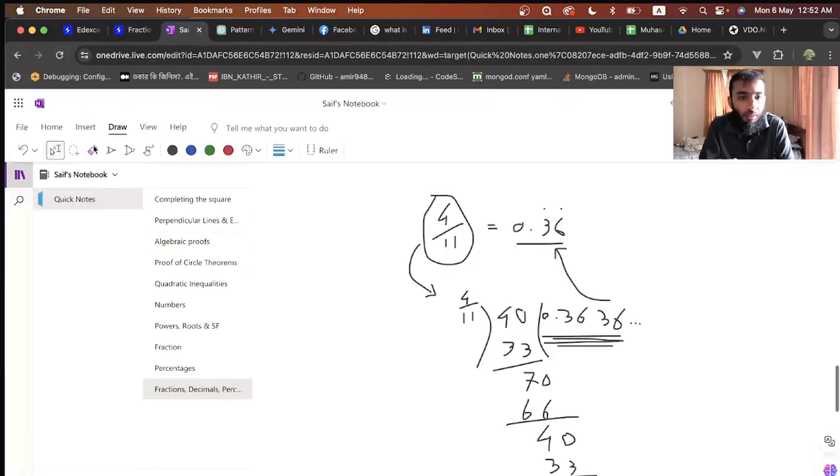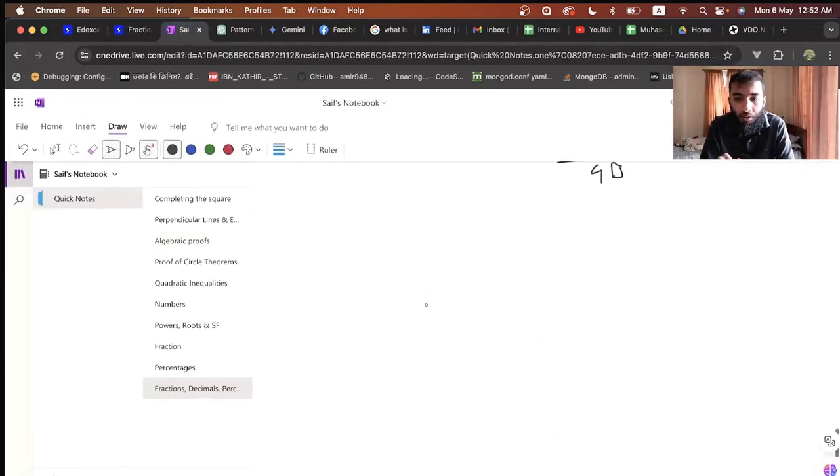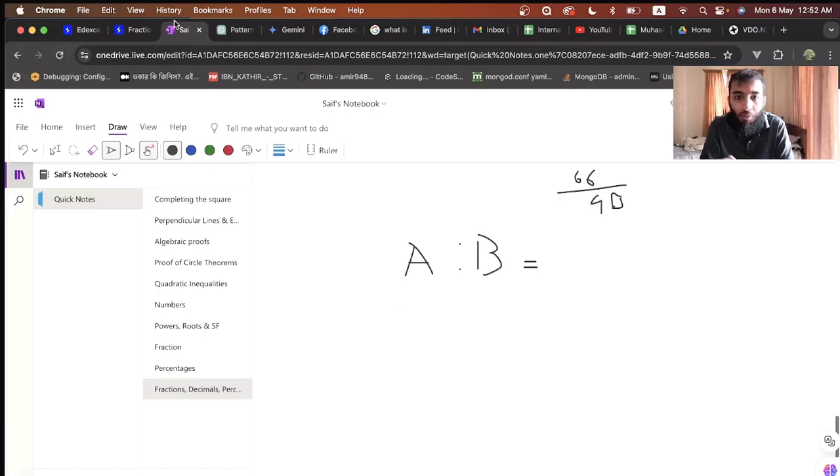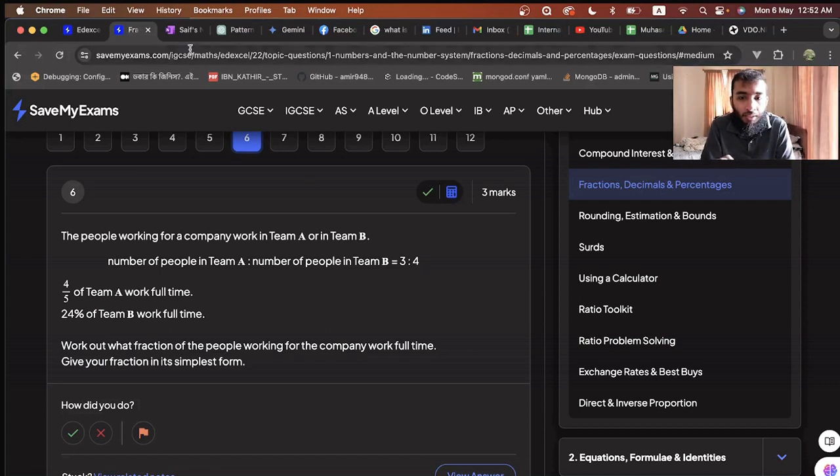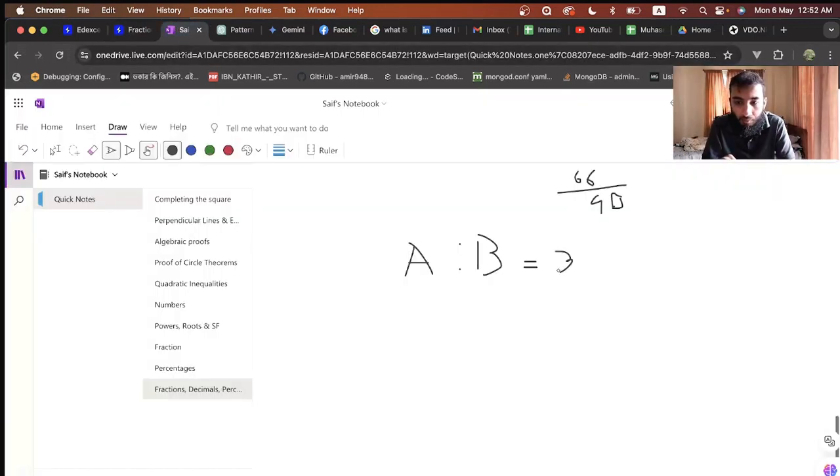So if I use my pen tool, team A is to team B, the number of people working for team A by the number of people working for team B is 3:4. So let's say the number of people is 3n to 4n.